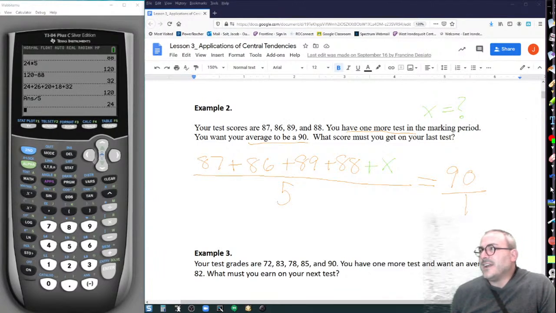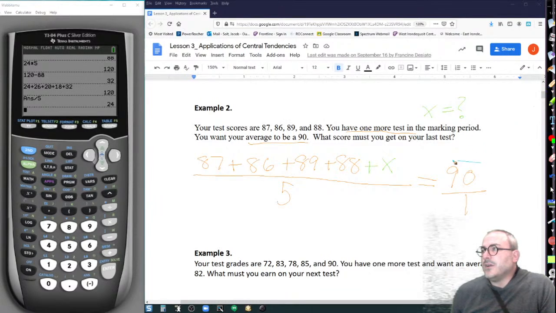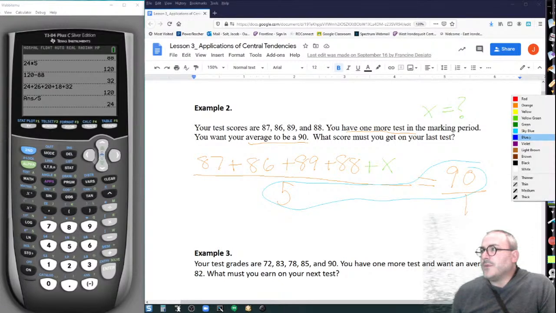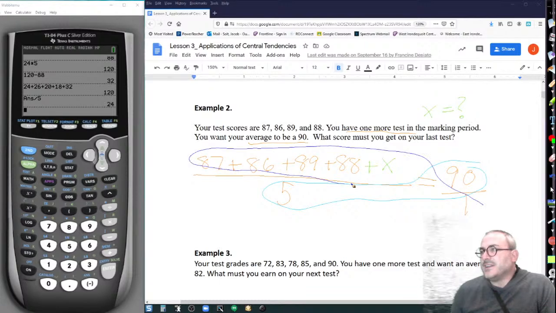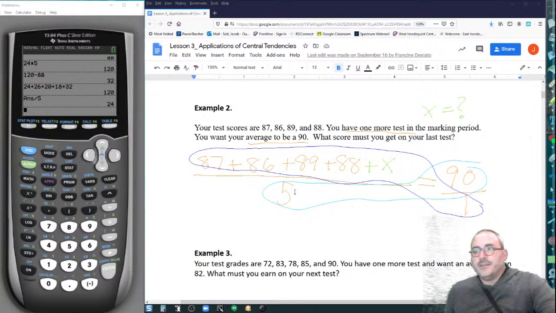All right, so here I go. I'm going to use a different color. I'm going to take the 90 and multiply it with the 5. And then I'm going to take the 1 and multiply it to everything up here, which isn't going to change it at all. Actually, let me just start calculating, because I can add all these numbers up real easily.